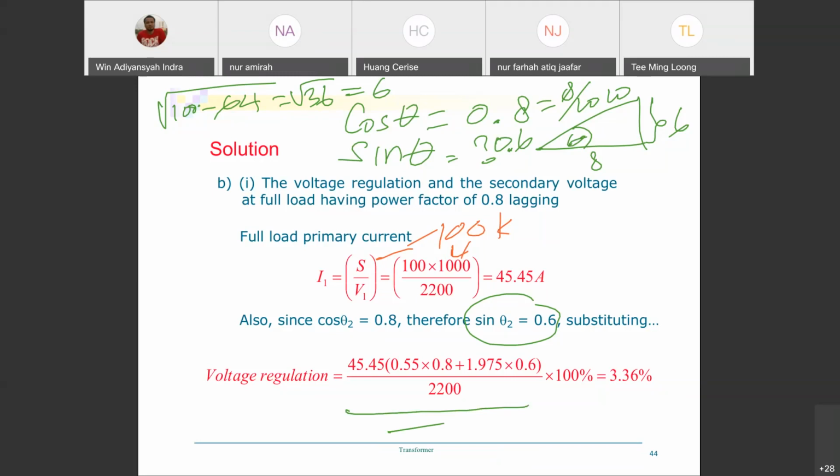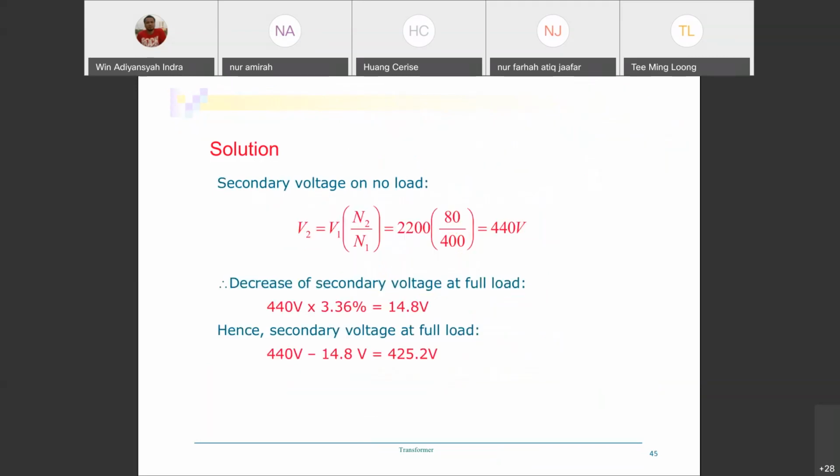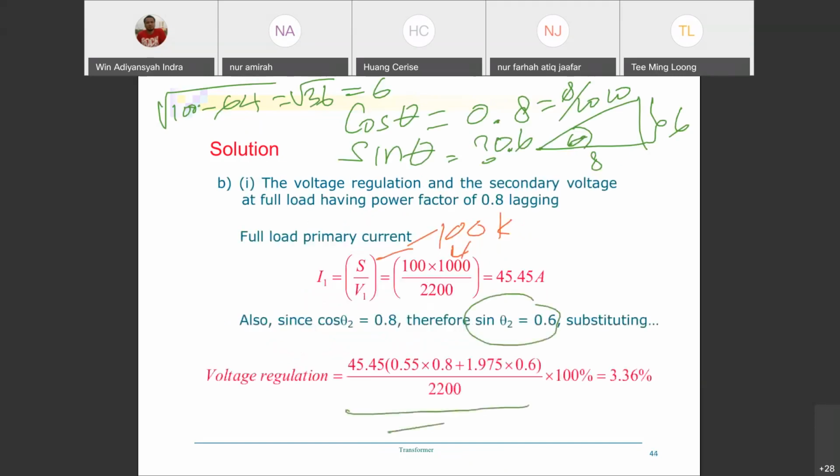And then, okay, that one is for full load. That one is for full load. Yes. So secondary voltage on no load. Is it?